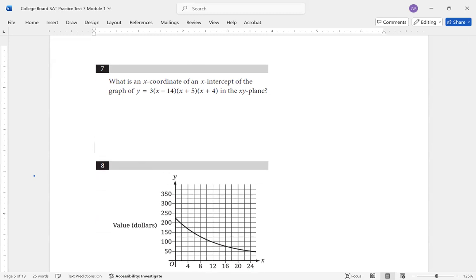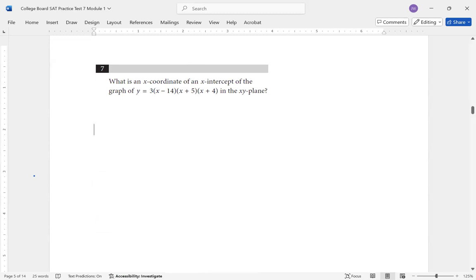Question 7. What is an x-coordinate of the x-intercept of the graph y equals 3 times (x minus 14) times (x plus 5) times (x plus 4) in the xy plane? So an x-intercept has y value of 0.